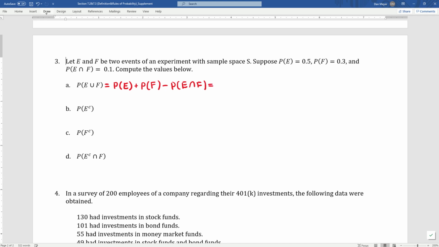All right, so that'll be 0.5 plus 0.3 minus 0.1, which is 0.7. The probability of E complement: there's a complement formula, it will be 1 minus the probability of E. The probability of E was given to us, 1 minus 0.5 will be 0.5.